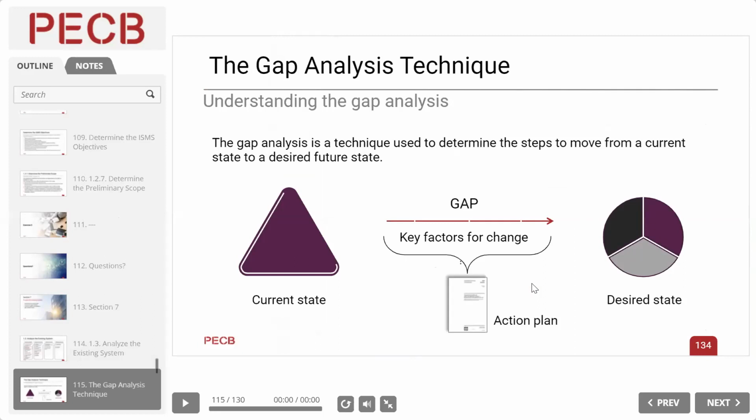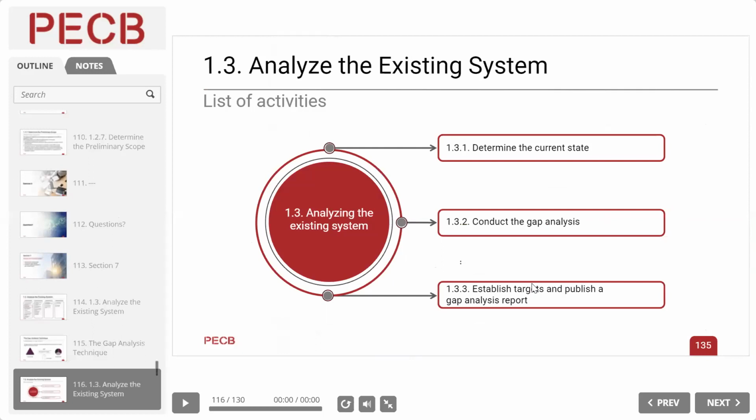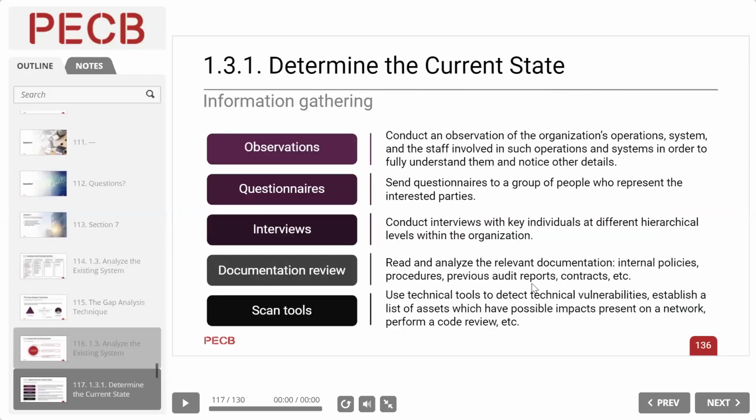So that comes in trying to determine the maturity level of the organization. The activities are: determine the current state, conduct the gap analysis, establish targets, and publish the gap analysis report. So we need to go through a gap analysis exercise.